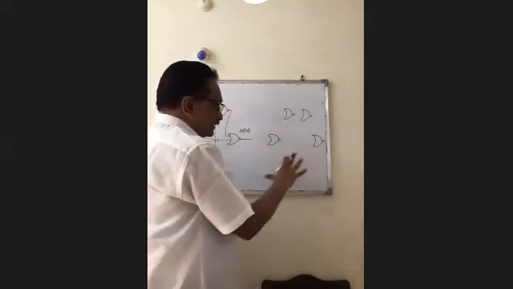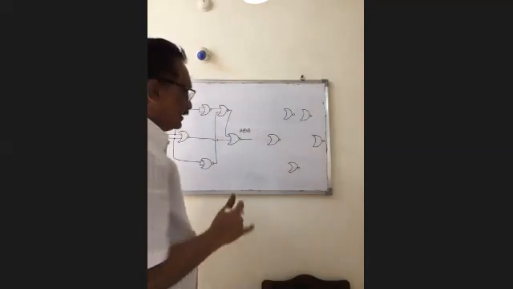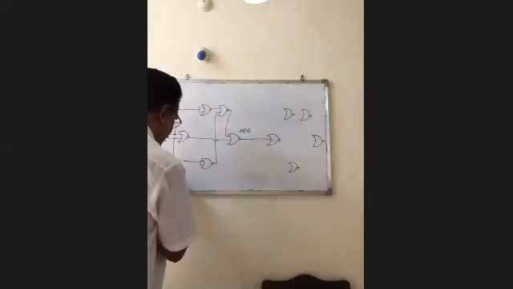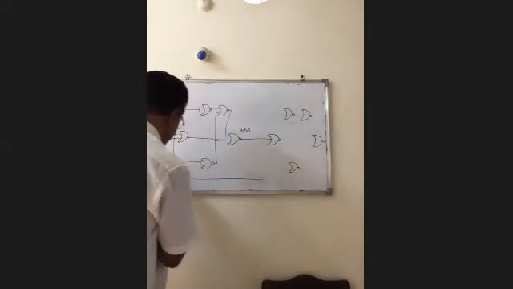For the second two input exclusive OR gate, the two inputs are A exclusive OR B as one input and Cin as the second input.